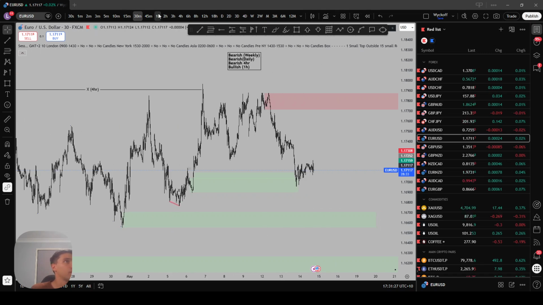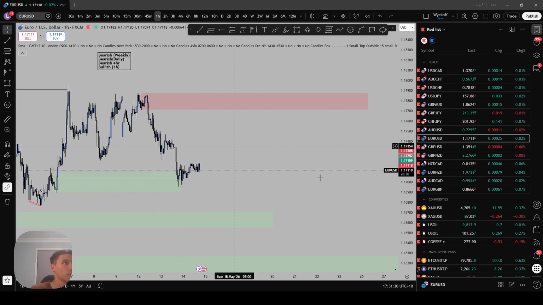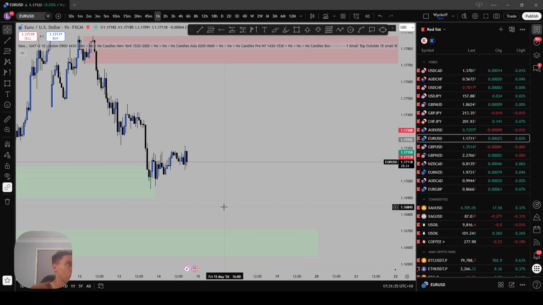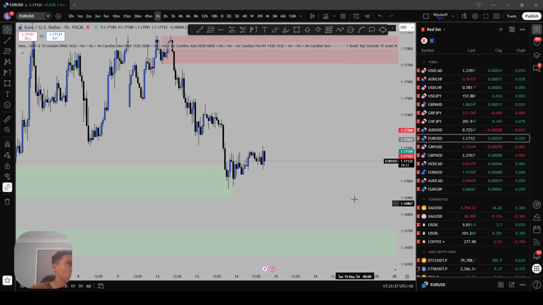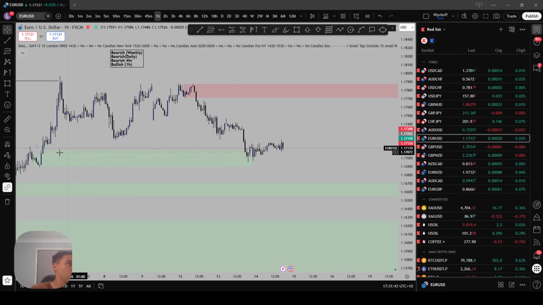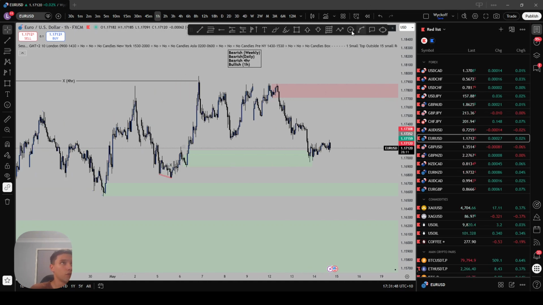Pretty bearish. Yeah, still bullish on the hourly because this is our hourly low. So the hourly market structure is essentially just putting in a higher low for a potential higher high. That's all that's happening at the moment.